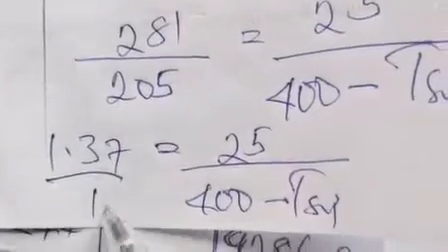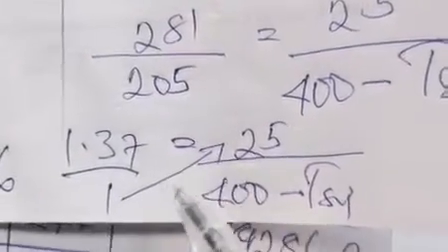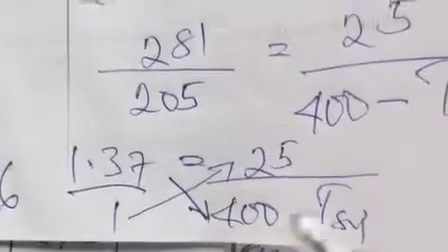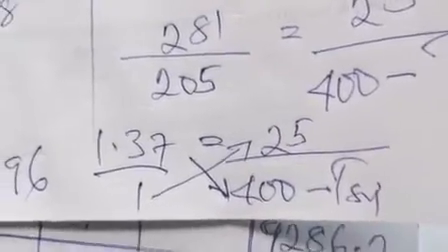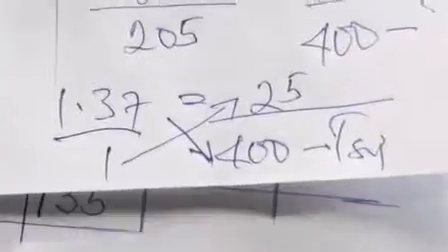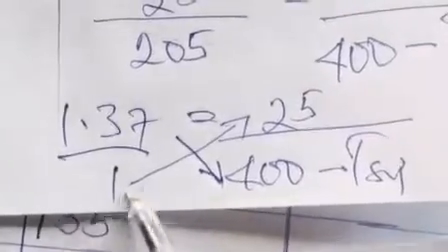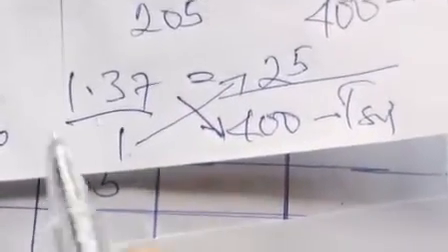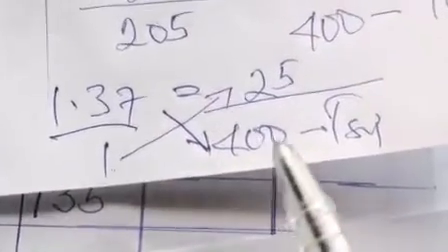So I can easily cross multiply here. 1 multiplies 25, and 1.37 multiplies the whole of this.